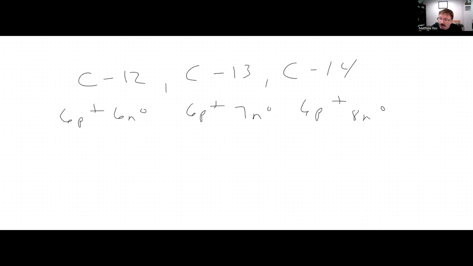So what's not true? They all have the same number of protons. Nope, that's true. They all have the same atomic number. Nope, that's true. These would all be element 6 in the periodic table. They're all the same element. That's true as isotopes as well. They're all still carbon. So the only one that isn't true is that they have the same number of neutrons. Nope, isotopes have differing numbers of neutrons.